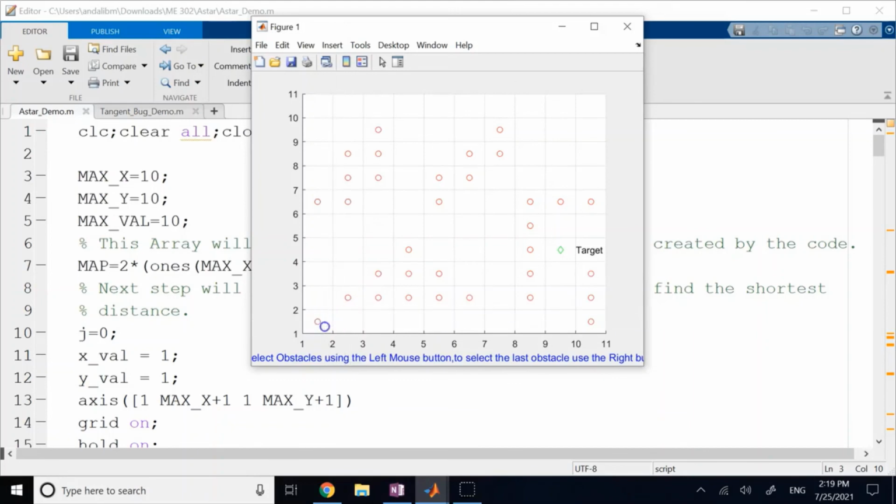Good. So let's make it hard on it. And here we go. These are 4 obstacles, and this is my start point here.